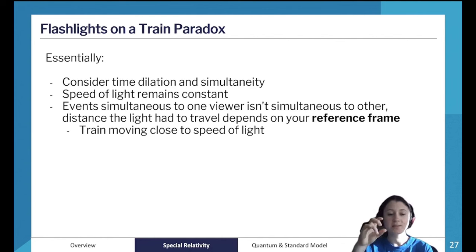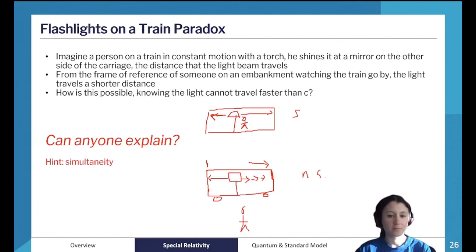The distance that the light had to travel depends on your reference frame. So it doesn't matter that in these two viewpoints, the light hitting either end of the carriage is not simultaneous. Two events can be simultaneous in one frame and not simultaneous in another frame, and that is okay.